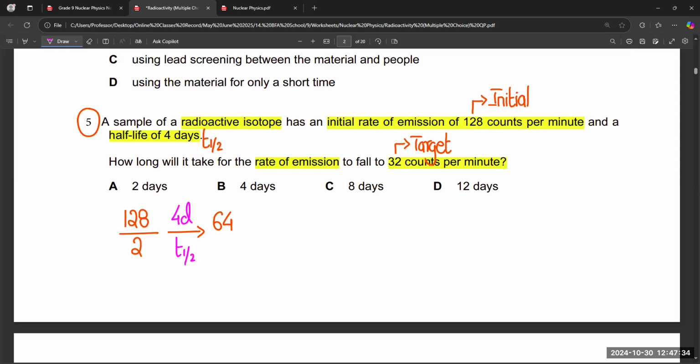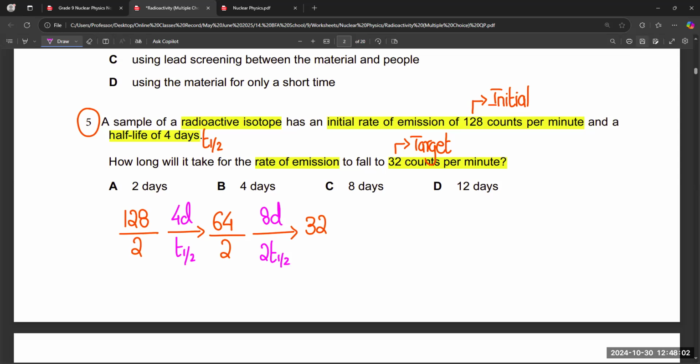Actually, you said that 2 days. That is not 2 days. That is after two half-lives, right? So if you perform the half-life again, you will get 32. And 4 plus 4 equals 8. This is your second half-life, right?